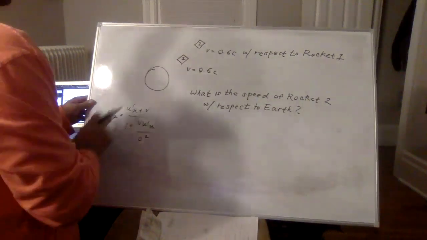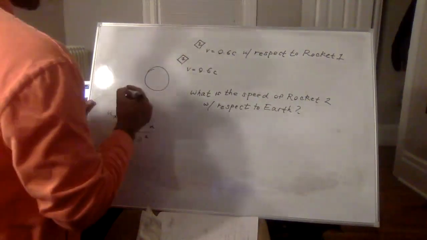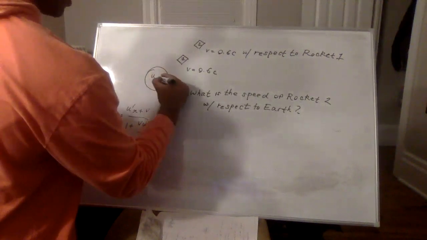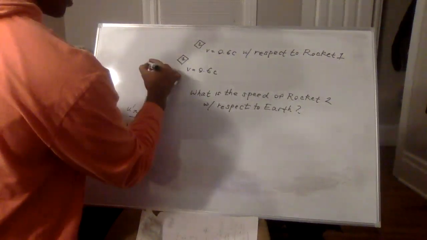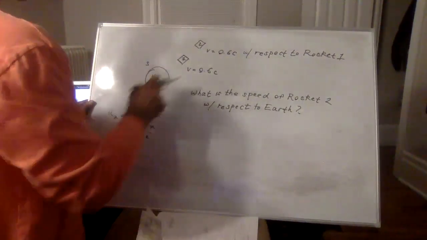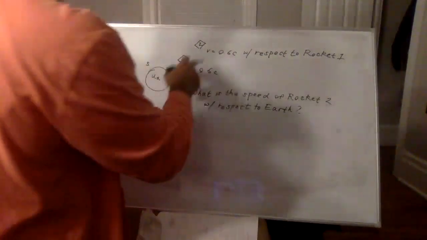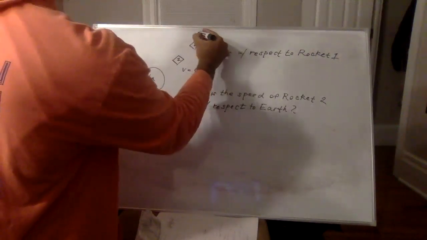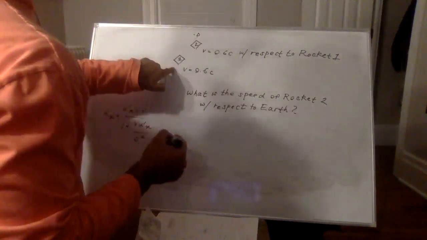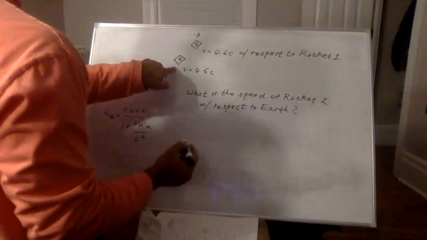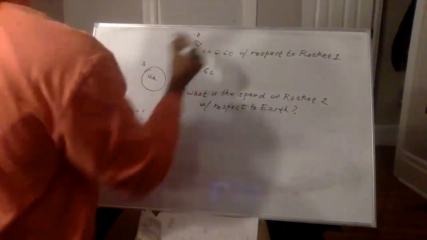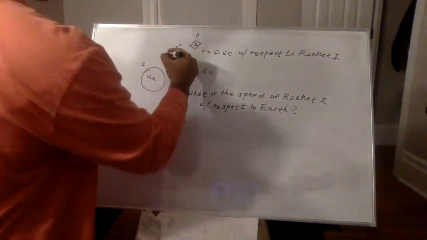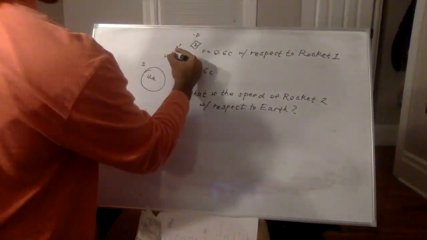So we have the Earth, which is stationary, so we'll call this u of x, or in my drawing before, S. This is our moving reference frame, S prime, or u prime of x.